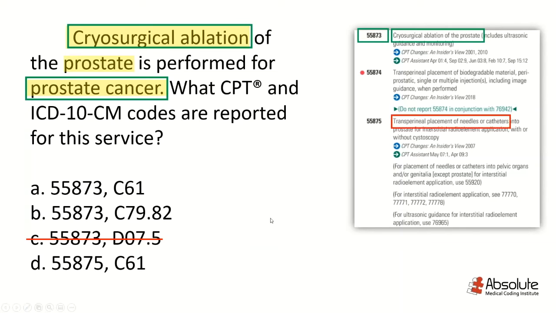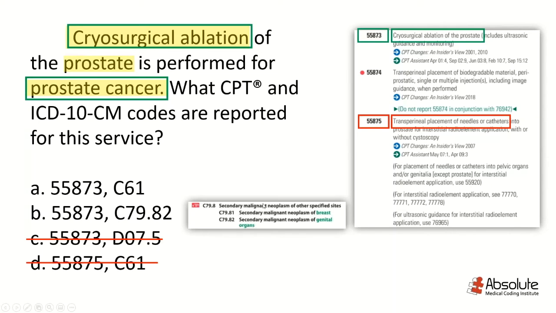All righty. So here we go with 55875. Transperineal placement of needles or catheters. There was no mention of that. This person again is having cryosurgical ablation. So 55875 is off the table. All righty. So what else do we have left here? Now we gotta get down into the weeds with this one.